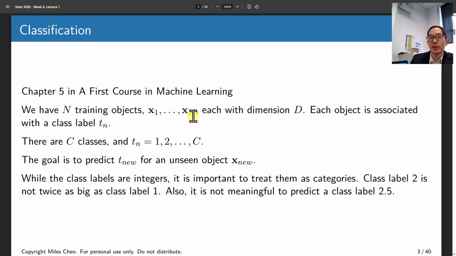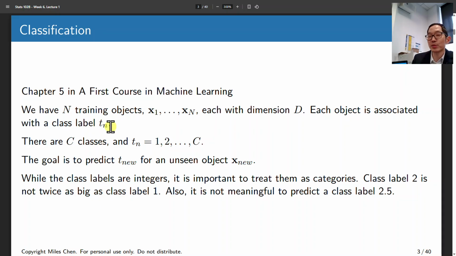And so in our examples, and I'm using the notation from our textbook, we have our observed data, our training data, okay? And we have n observations in some dimension d, okay? And each of these observations have a categorical label, okay?